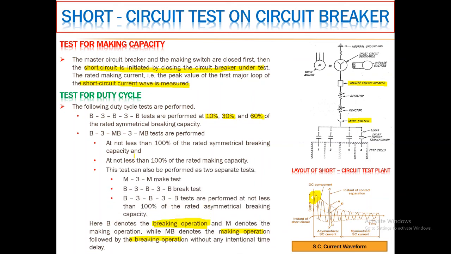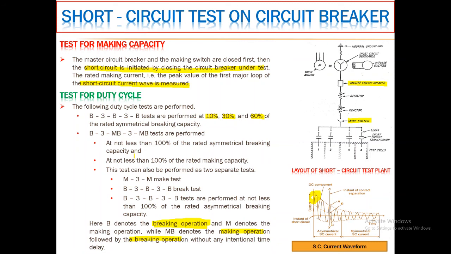This test can also be performed as two separate tests: M-3-M, known as the make test, where M denotes a making operation, and B-3-B-3-B, the break test. The B-3-B-3-B tests are performed at not less than 100% of rated asymmetrical breaking capacity.